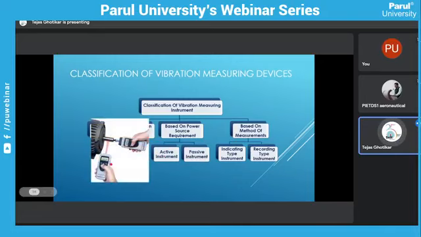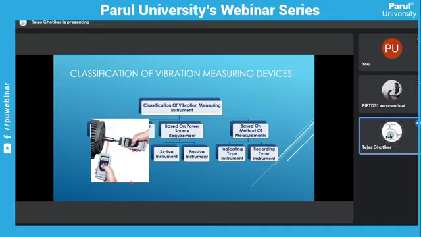This is a contact type: a tachometer. We all must have used this, right? We need to put it in contact, but nowadays we have infrared equipment which measures without needing to be in contact with the system.